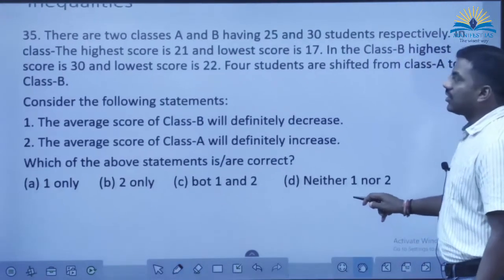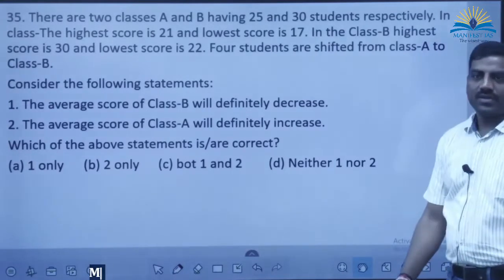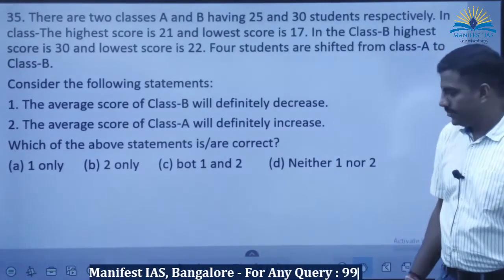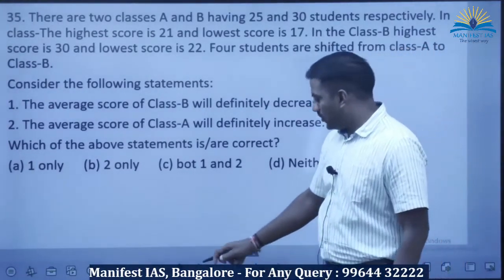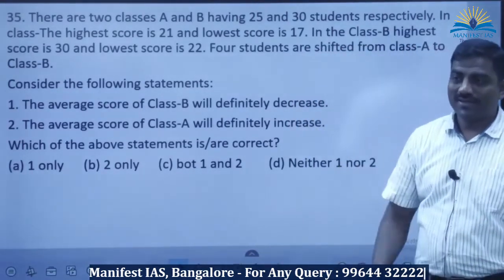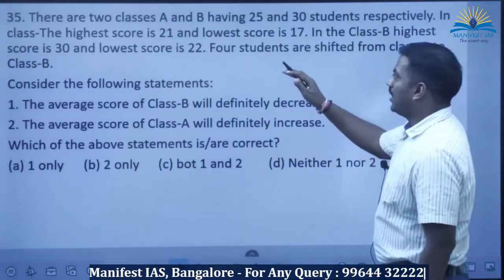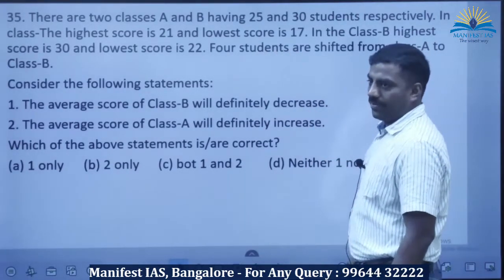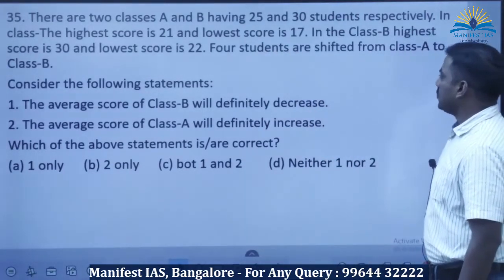Again, this is a question of common sense, not arithmetic at all. You will be happy, no, when I say common sense? Because you don't have to write. Yeah. There are 2 classes, A and B, having 25 and 30 students respectively.